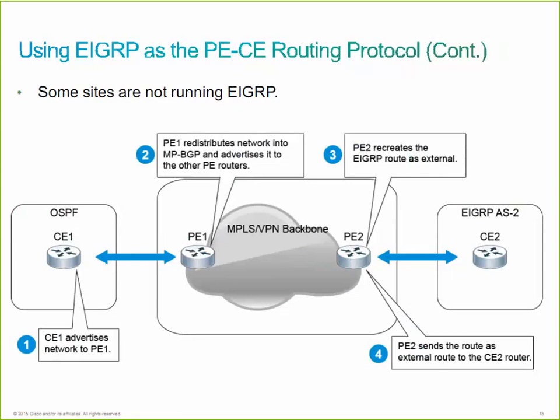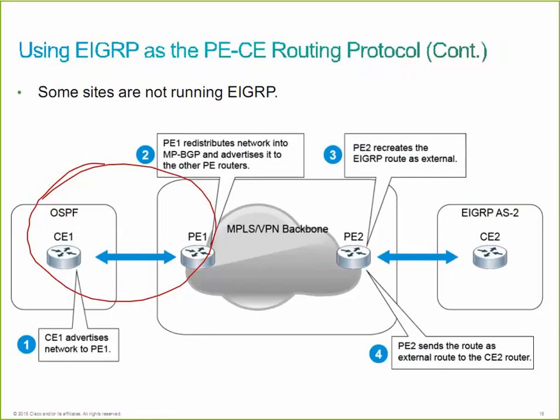So we're running EIGRP at the CE2 site, but we're running OSPF at the CE1 site. The CE1 router is advertising the networks that it has via OSPF to the PE router here. Okay? The PE1 router redistributes the routes from OSPF into MPBGP.